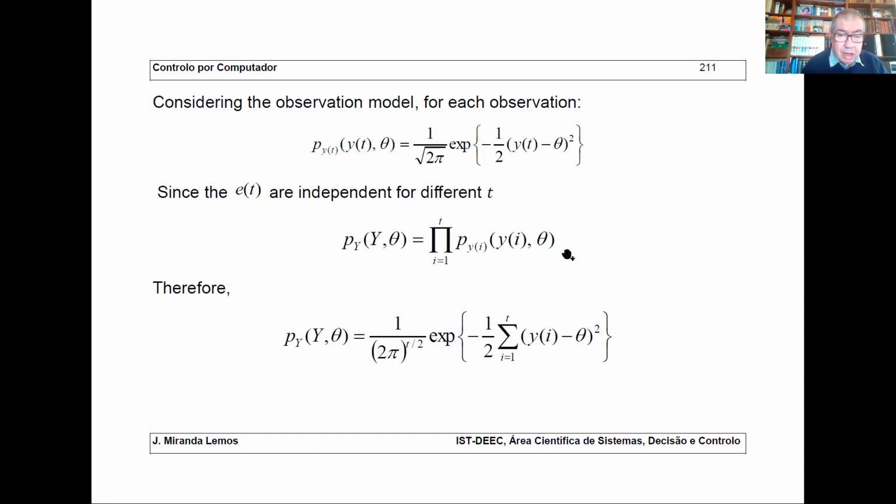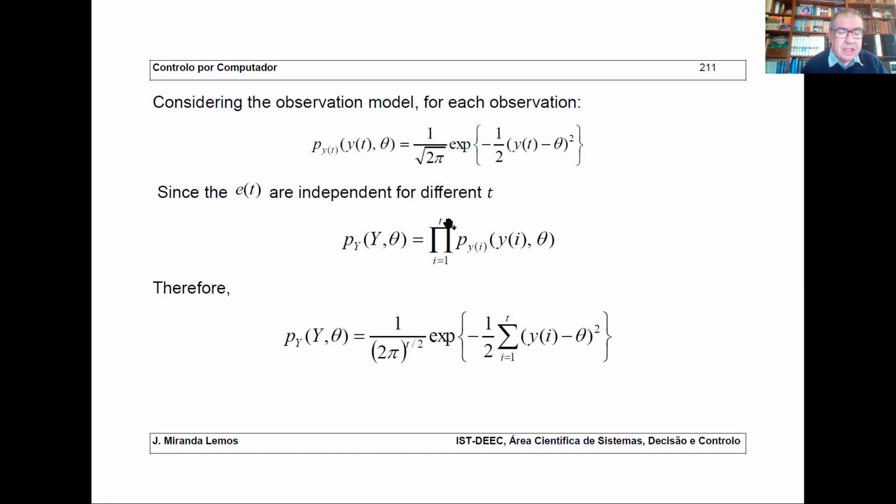So if you have two random variables that are independent from each other, the joint probability density function of the two variables is the product of the probability density function of each of them. Now, here, instead of having just two, we have t, okay? So t is one number.